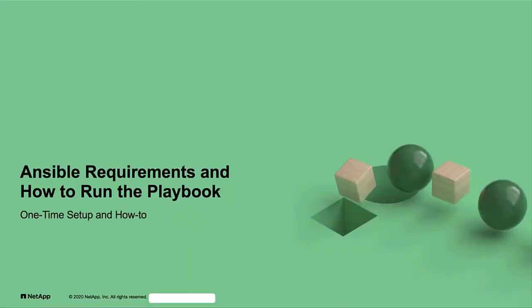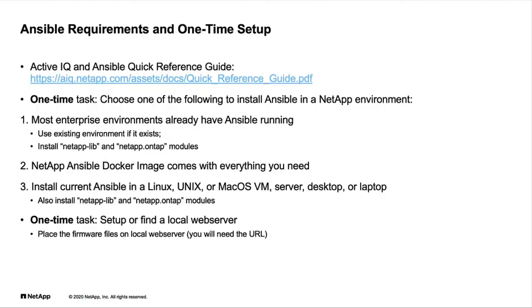Now let's look at the requirements for setting up Ansible. Most enterprises probably already have Ansible set up. If so, just install the 2 NetApp published libraries, NetApp-lib and NetApp.ontap. If you need to set up Ansible, you can either install our Docker image. Our Docker image has everything you need.